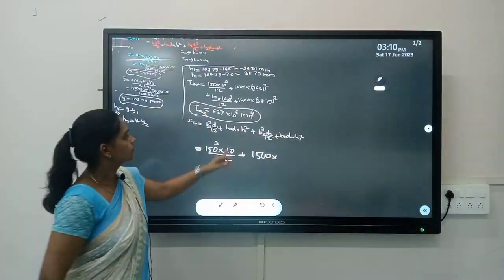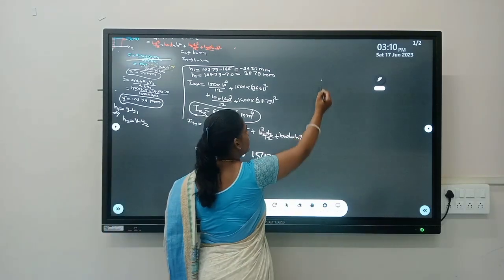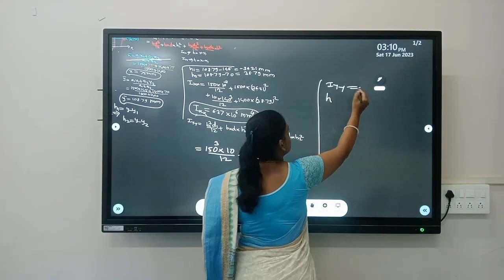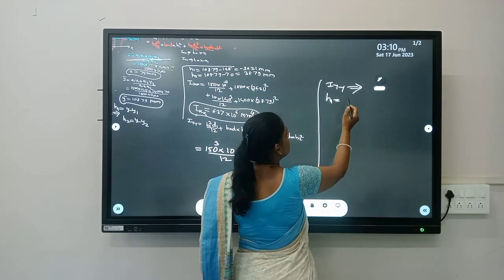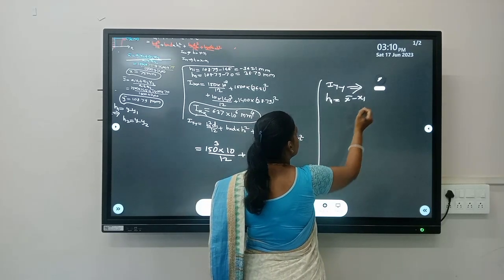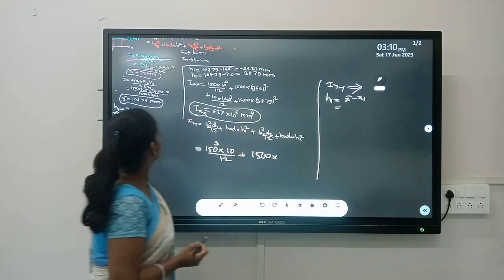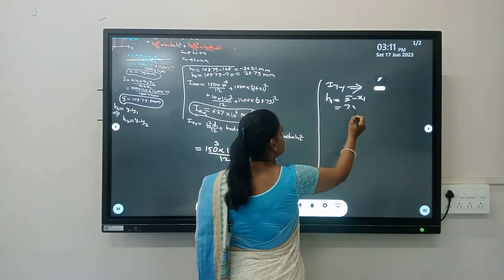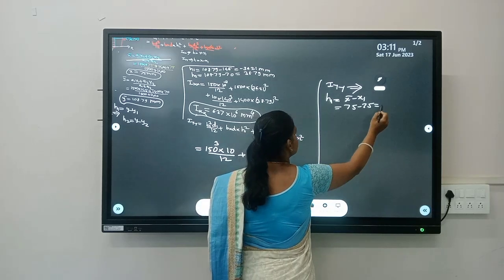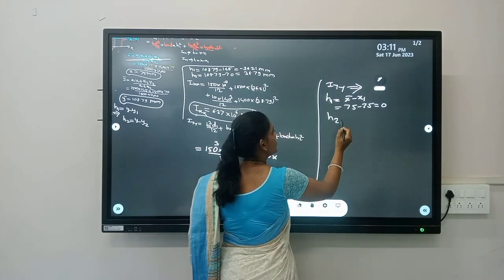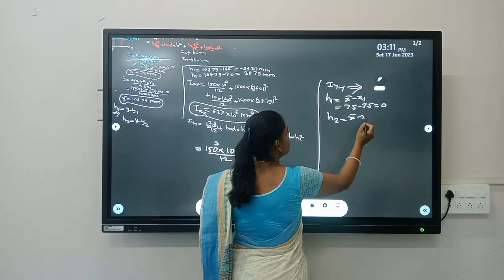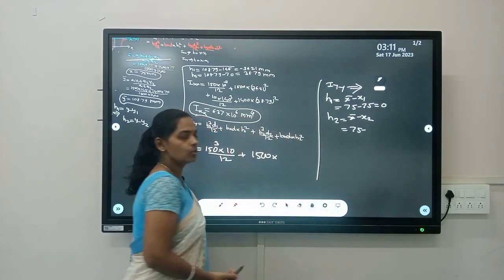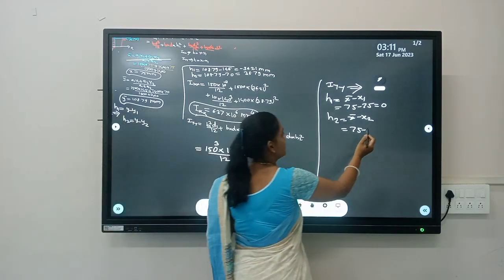1500 into, for calculating h1 we will calculate here. Since Iyy concern, h1 is equal to deduction of x bar minus x1 is equal to, what is the x bar? 75 minus 75. So it becomes 0. h2 is equal to x bar minus x2. 75 minus, what is the value of x2? 75.